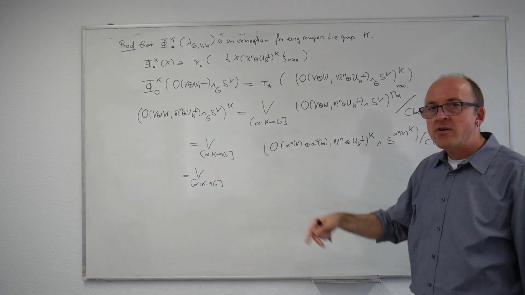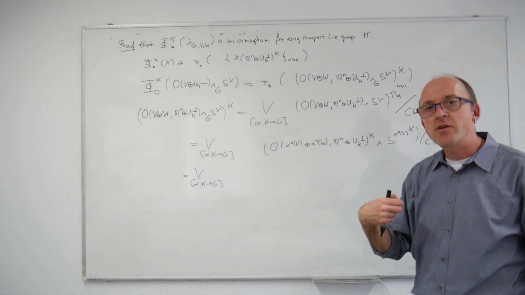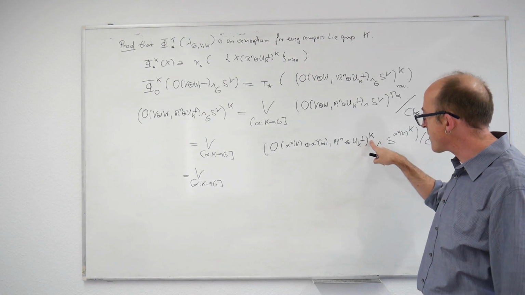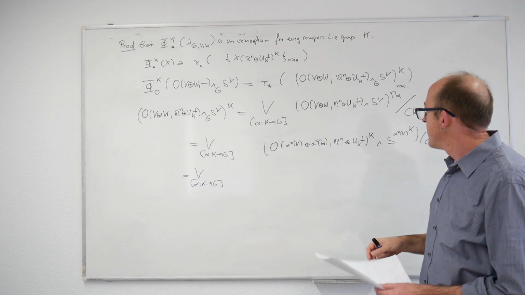Now, such a pair consisting of a linear isometric embedding and a vector in the complement is fixed if and only if, first of all, the linear isometric embedding has to be K equivariant, and also the vector has to be K fixed in itself.